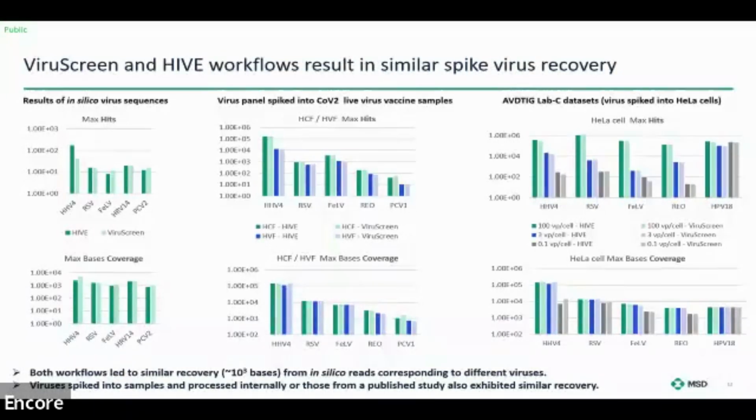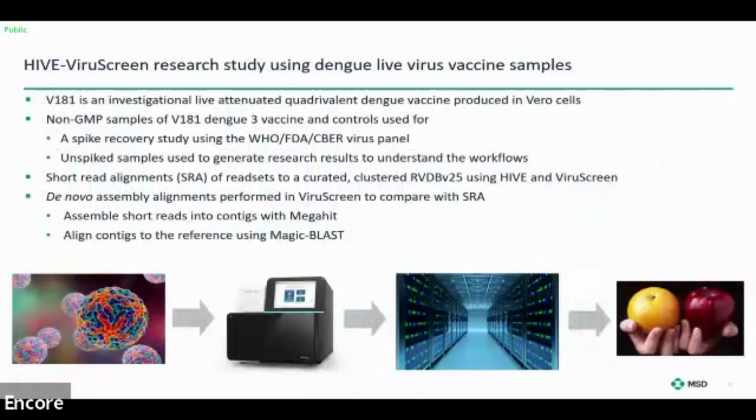And for the HeLa cells that were spiked for the AFTIG study, again with different amounts, we see that again these are all very similar. Obviously, HPV-18, as Tom just mentioned, is in the genome of the HeLa cells. So we really get very similar results across both workflows.